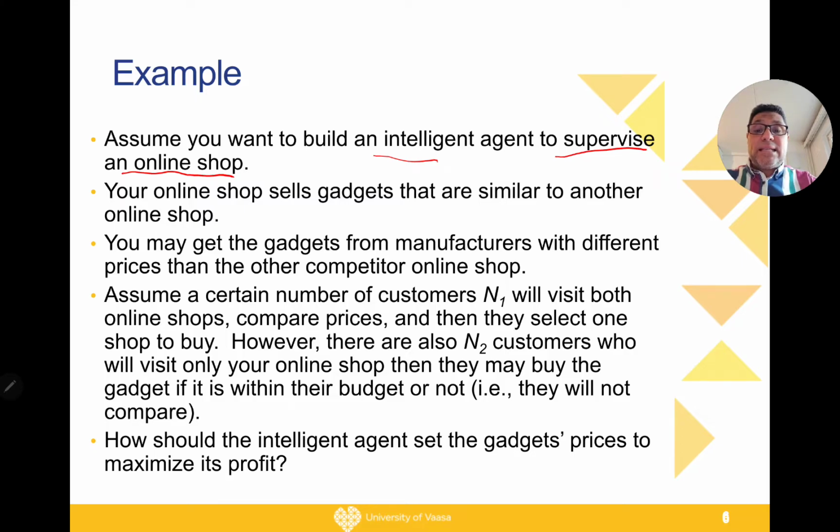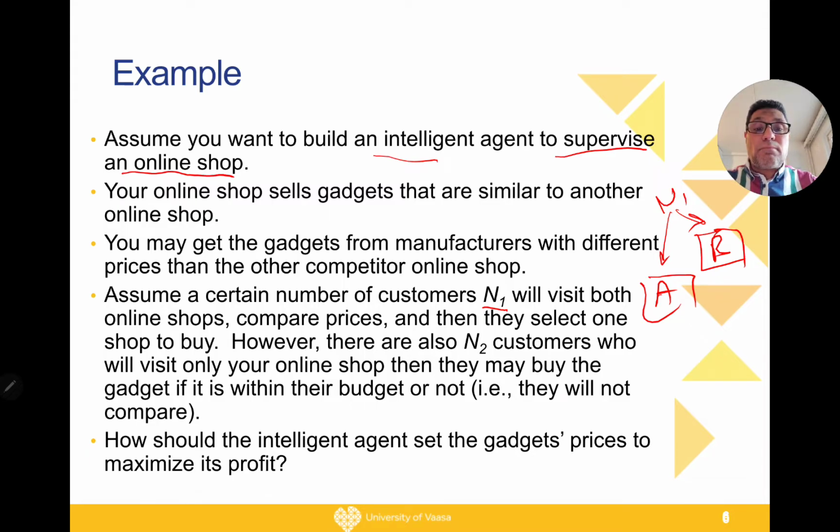Assume that there are N1 customers who usually visit both online shops. So we have online shop A and online shop B, and based on statistics, these customers check A and then check B, and then buy from the cheaper one or the better offer.